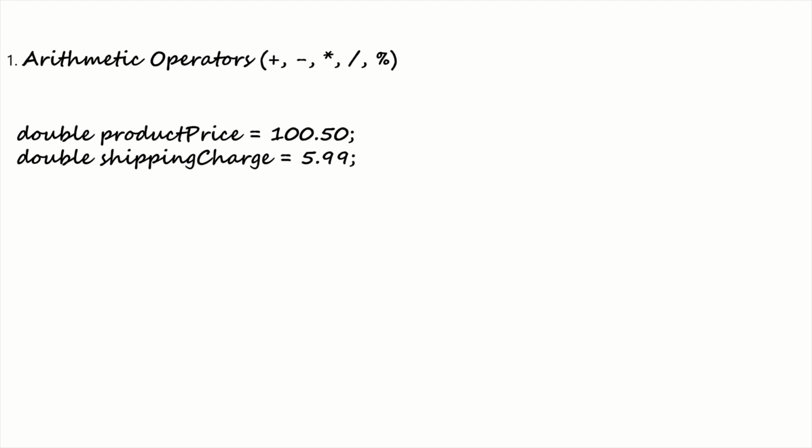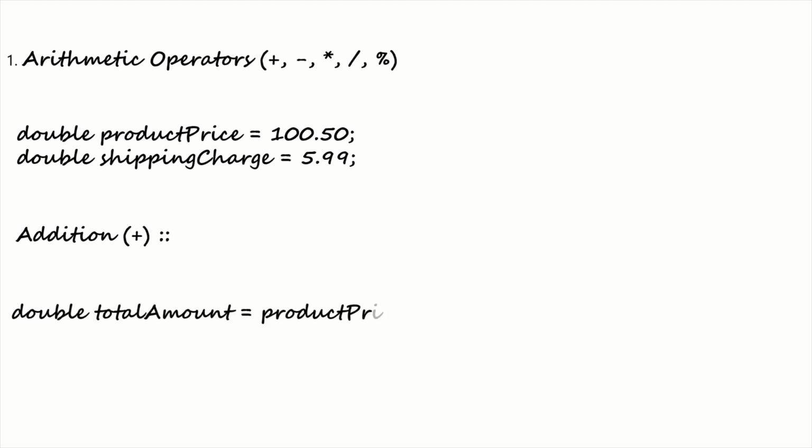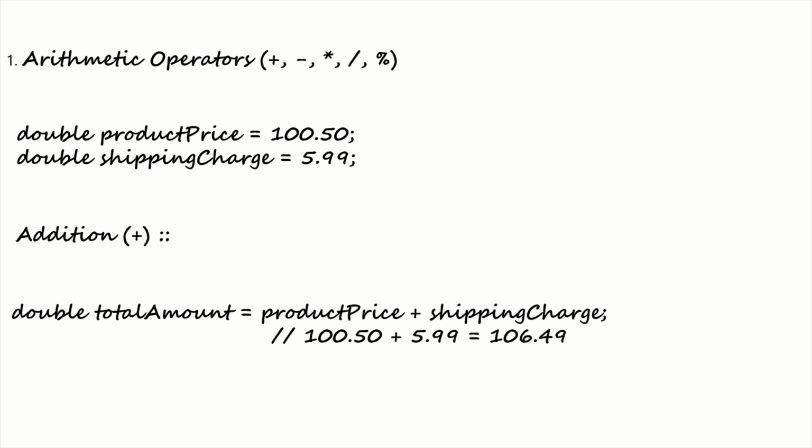I want to calculate the total price that the customer has to pay when checking out. That's where we can use the addition operation: product price plus the shipping charges. So we use the plus operation, that is the addition operation.